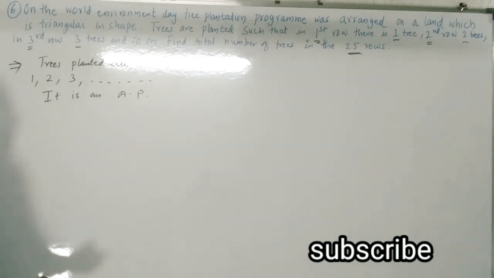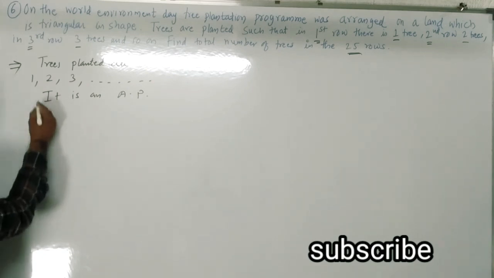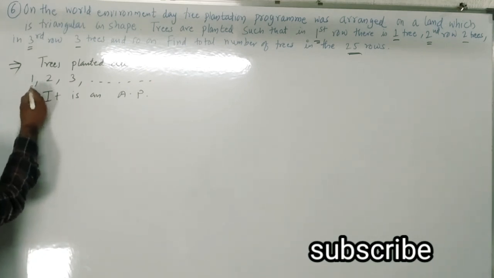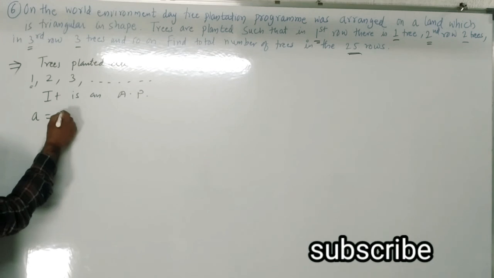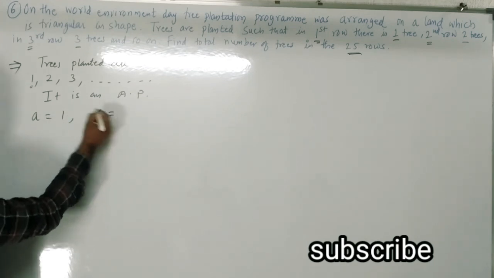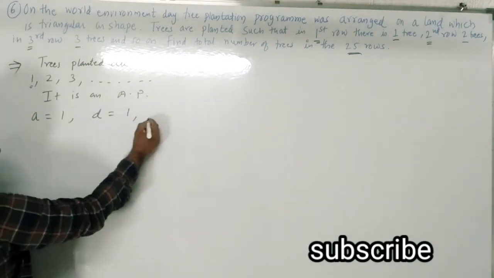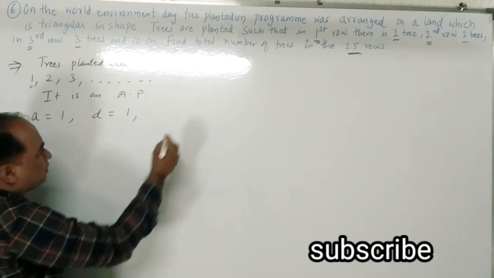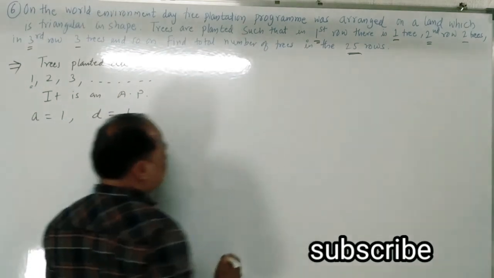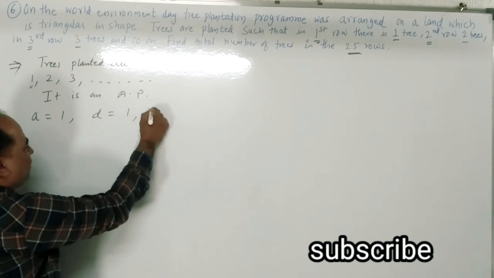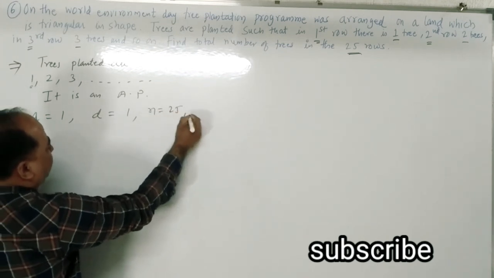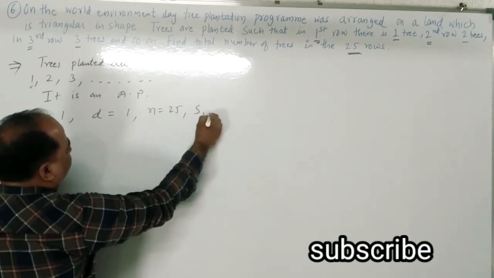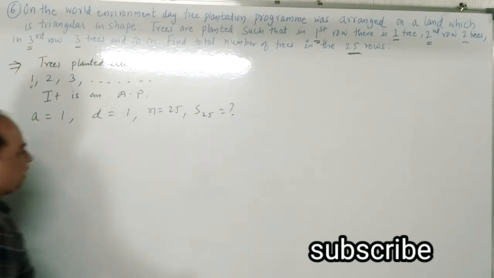Since constant increase is 1, D is equal to 1. So, now here A is equal to 1, D is also 1. We have to find total number of trees in 25 rows. So, N is equal to 25, and we have to find here S25.